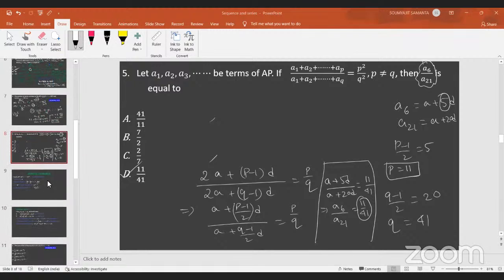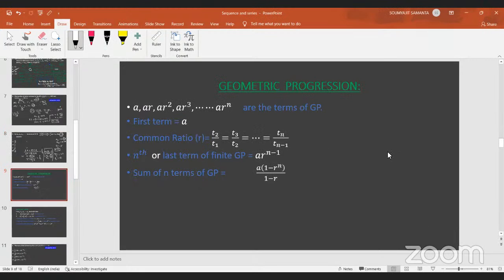Now we'll go for the next topic, that is geometric progression. First, we'll learn the conditions of GP. In an AP, the common difference we get by subtracting the first term from the second term.